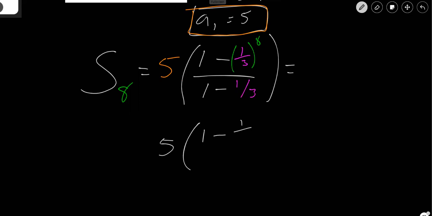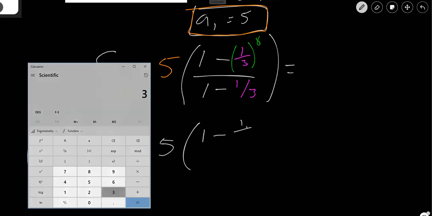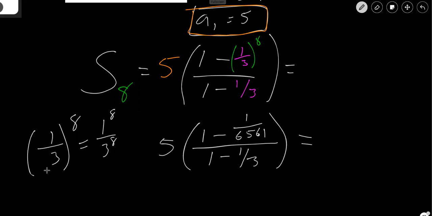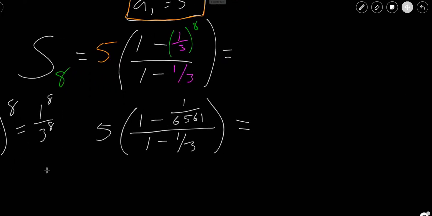I'm going to try to leave this in fraction form. 1/3 to the 8th power is the same as 1 to the 8th over 3 to the 8th. I don't know 3 to the 8th off the top of my head, but I can calculate it. Actually, I think I do know it, but 6,561. I'm leaving it in fraction form for a reason, which you'll see in a second.